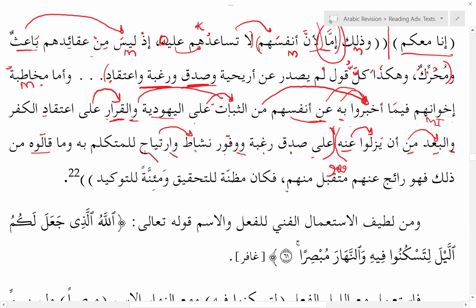Yeah, معطوف. And then للمتكلم جار مجرور connected to ارتياح. And then به جار مجرور connected to للمتكلم. Yeah. This is how you use jar majroor like a pro. Do you know how many jar majroors? The guy just kept on hanging, taking jar majroor and just adding and adding and adding.